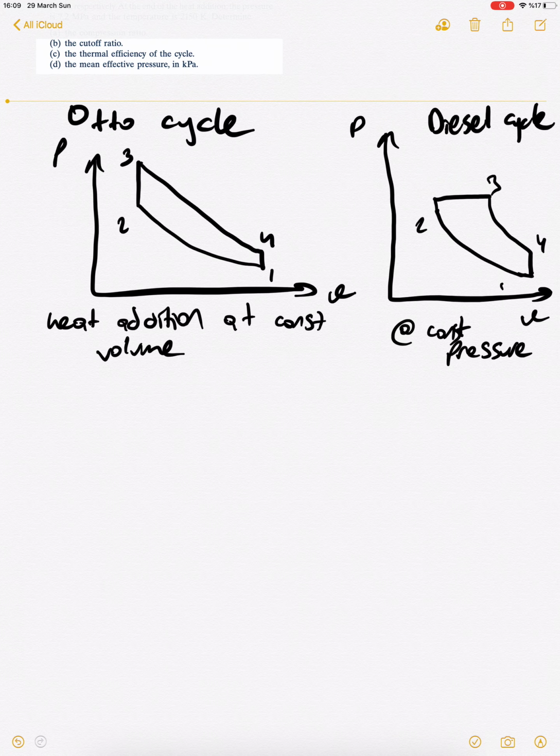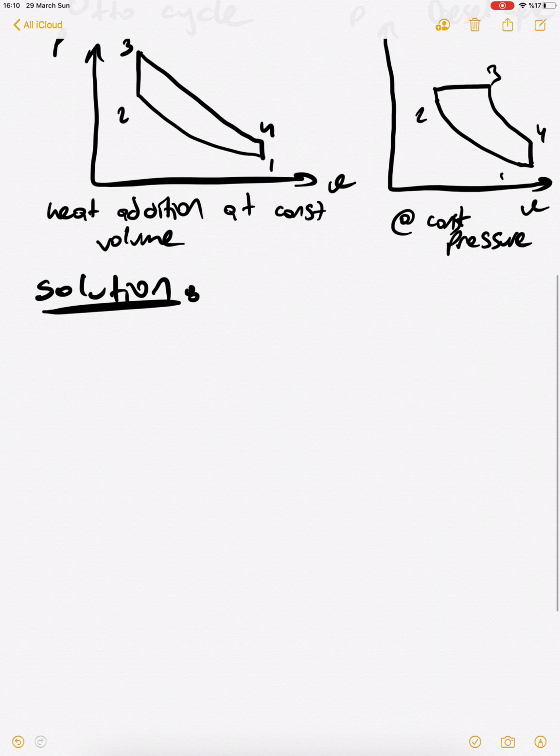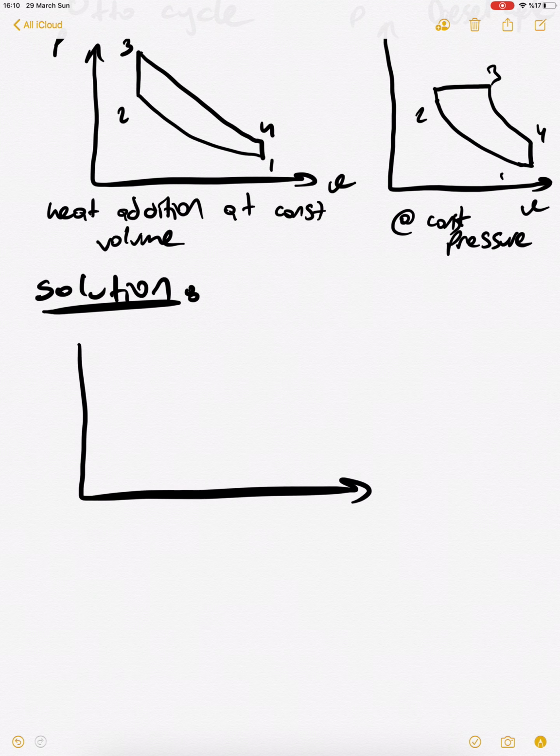So if we look at the solution, we have a PV diagram where we go from 1 to 2, 2 to 3, and 3 to 4, and we have 1.